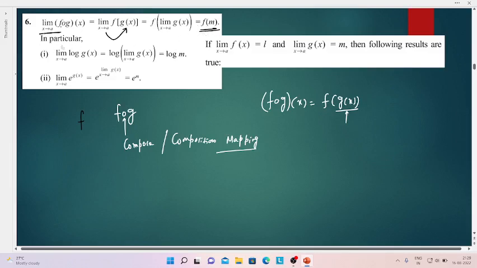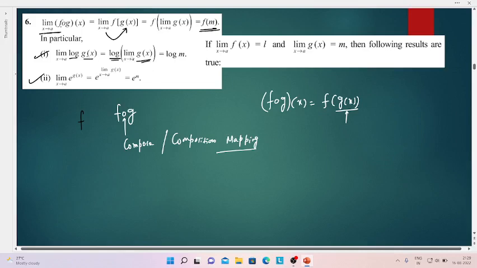In particular, there are two types of functions given to you. One is the limit as x tends to a of log of g(x). Log g(x) is a function, so log will be outside of the limit, and we have to take the limit of g(x) only.